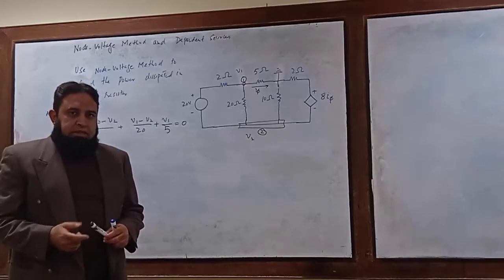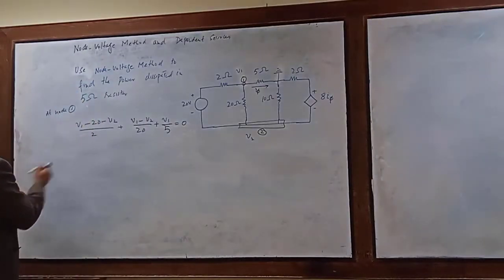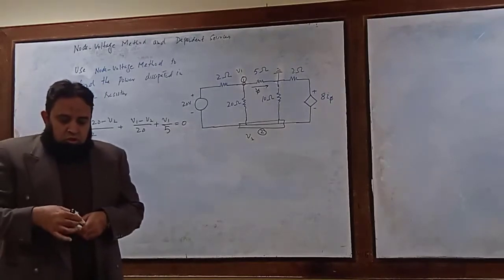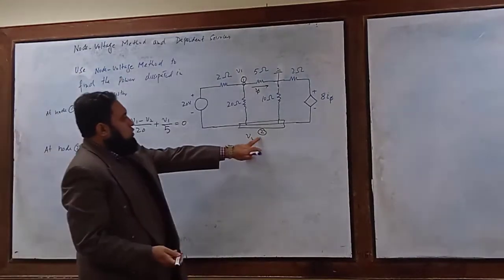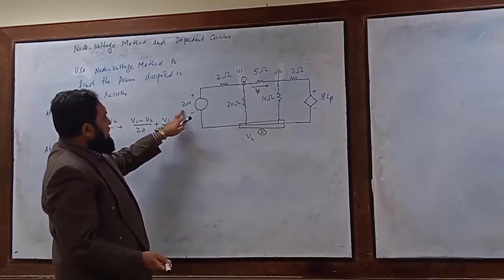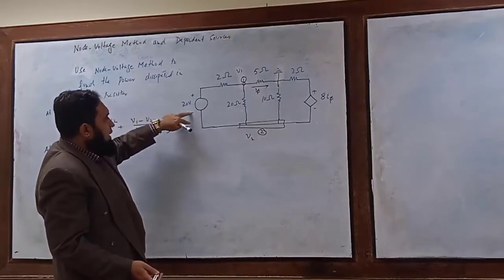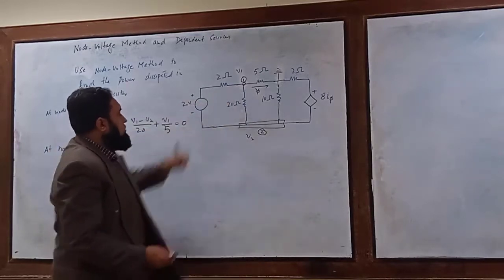Now applying the node voltage method at node number 2. So look here at node 2. V2 plus 20 minus V1. You see the symbols, the plus and minus signs.